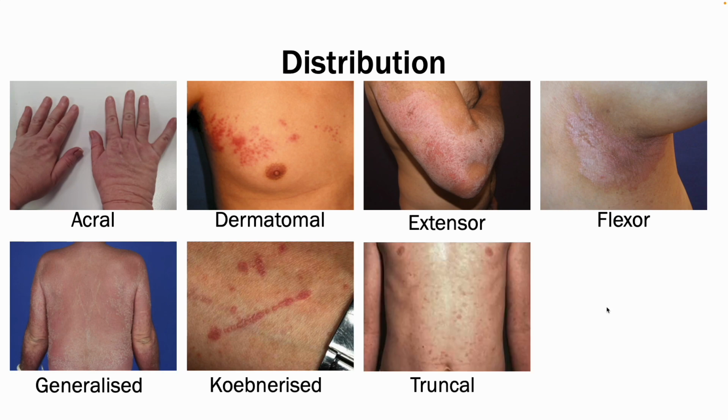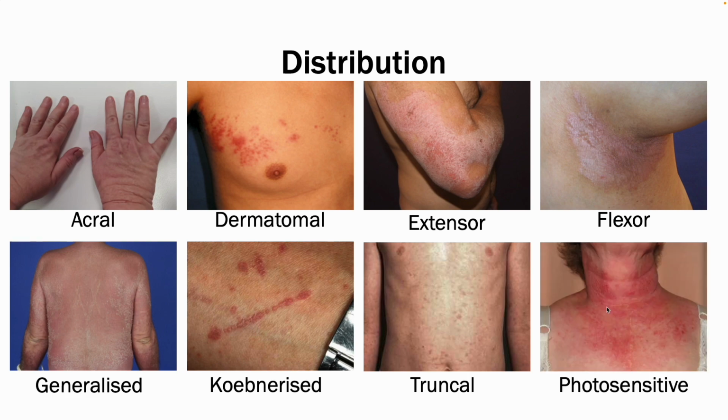Truncal means mainly the trunk of your body is affected, so things like your chest and abdomen. And photosensitive refers to any presentation of rash or lesions which occur in the typically exposed areas of the skin, such as your décolletage, your neck and chest, or your forearms and your hands.